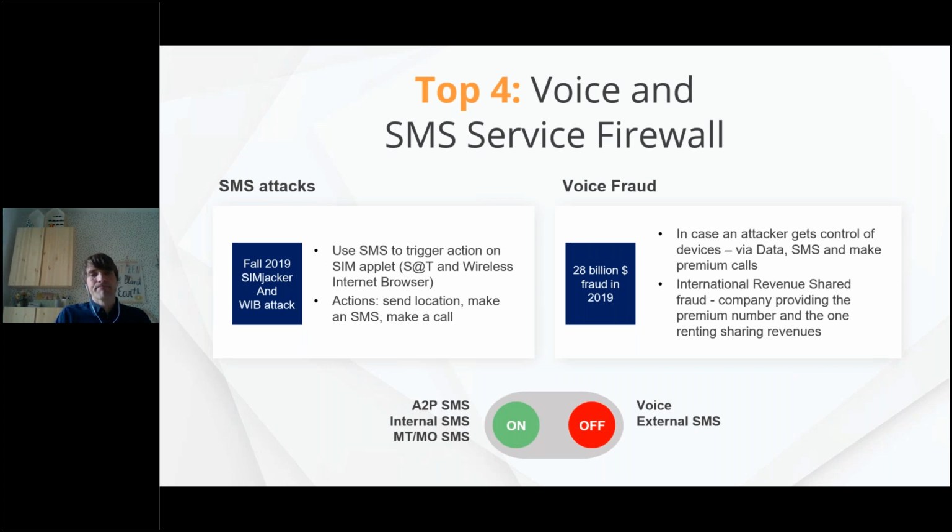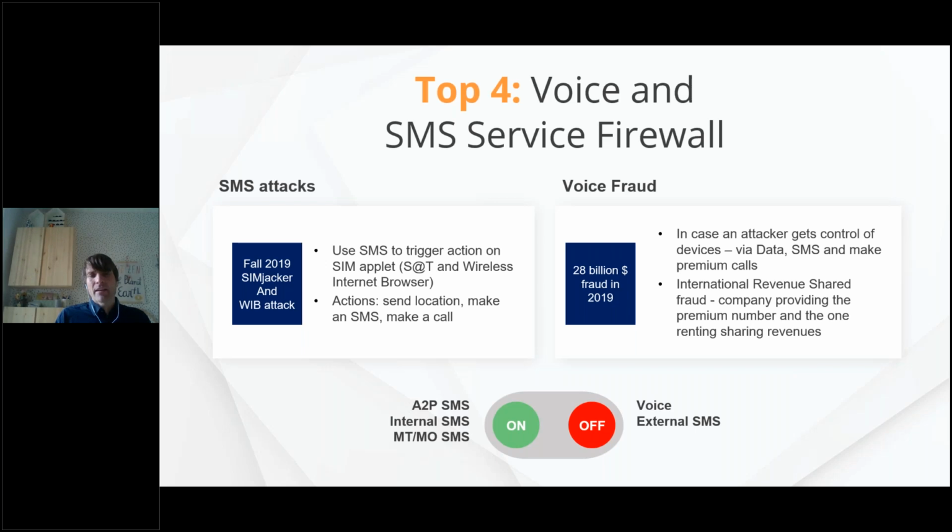Usually you have different applets on SIM cards, the S@T Browser and the Wireless Internet Browser in this case. Every SIM card is really a small computer processing environment, and these applets have different purposes. They can usually be configured, steered, and controlled over SMS.